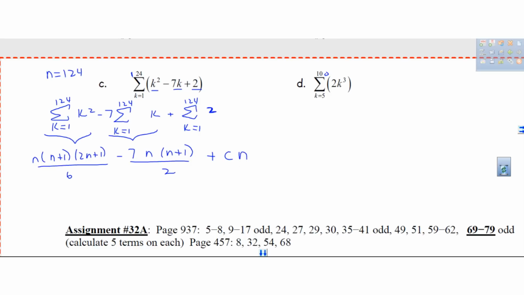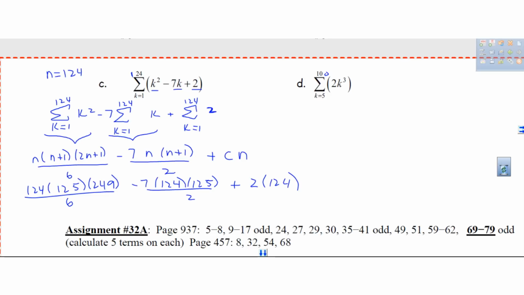So now I'm going to go into every one of those n's and put in 124. 124 plus 1 is 125. 124 times 2 plus 1 is 249 all over 6. The next one, negative 7 times 124 times 125 over 2, plus your c, which is the 2, that's the constant, times n, which is 124.